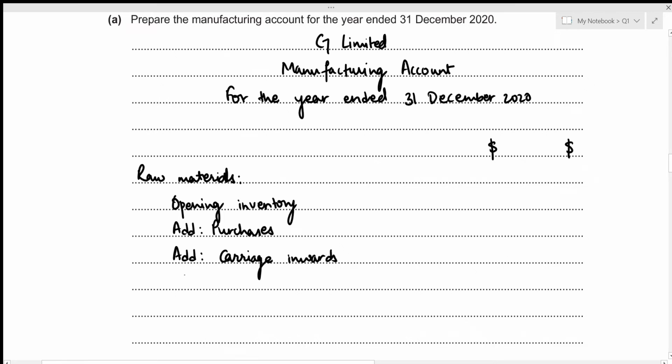Then lastly, we will subtract our closing inventory. And with this, we will get our total cost of raw materials consumed. So let's have a look at our above information in order to figure out the amounts for these four headings.